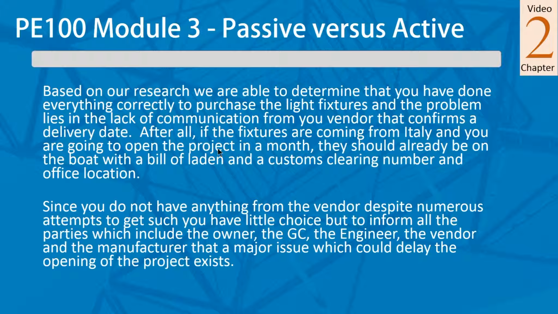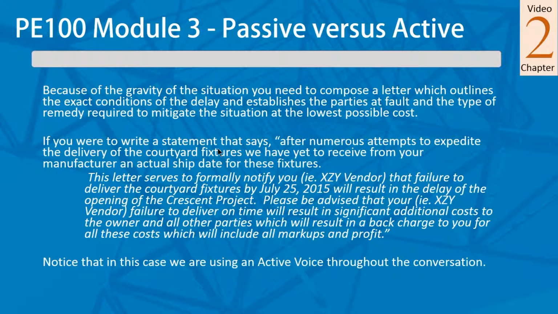And you're going to have to state that this could delay the opening of the project and that this is a big deal. So because of the gravity of the situation, you need to compose a letter which outlines the exact condition of the delay and establishes the parties at fault and the type of remedy required to mitigate the situation at the lowest possible cost.